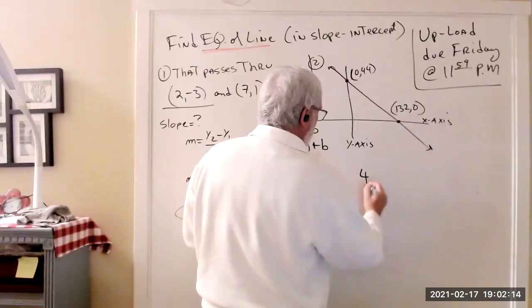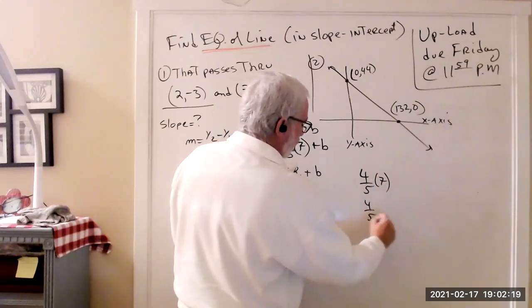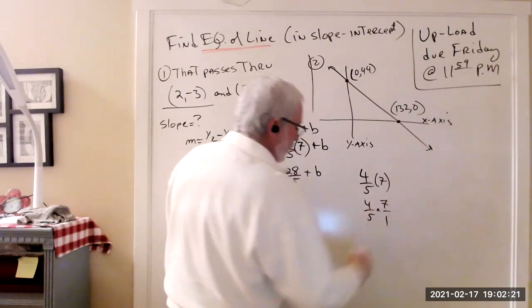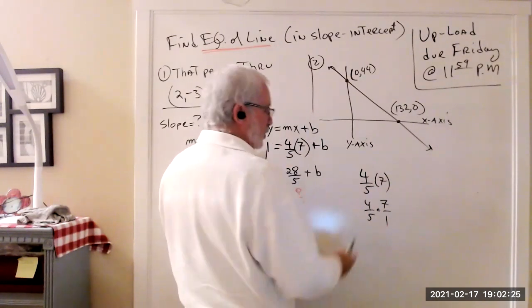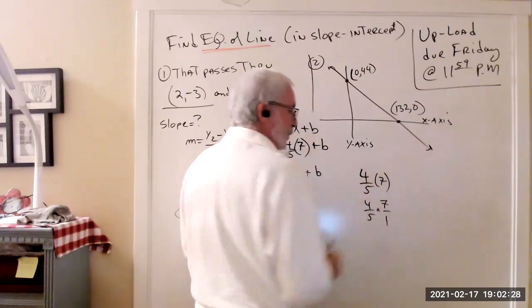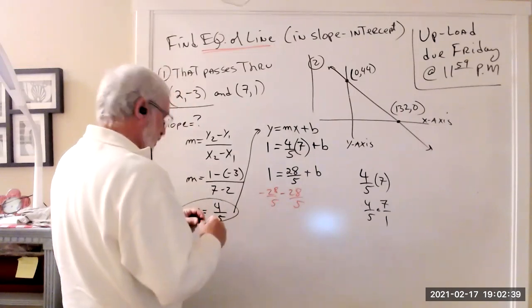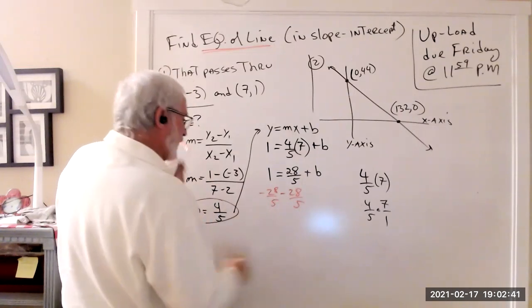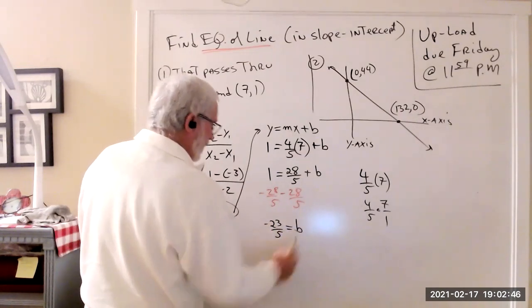Because when you have 4/5 times 7, remember, you can always cheat a 1 under the number. And then to multiply fractions, you multiply straight across. 4 times 7. Are you okay? Yeah, that's perfect. Thank you. So take away 28/5 from both sides, and I believe I get negative 23/5 equals b.